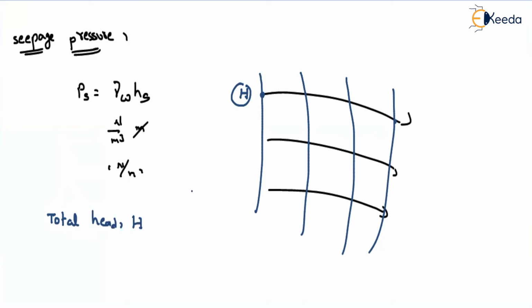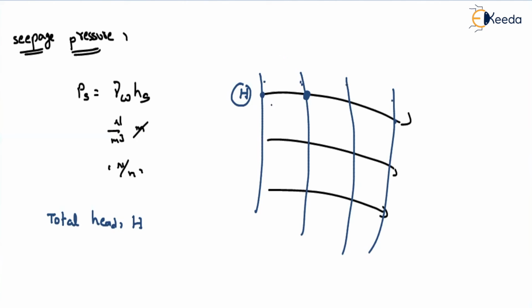So at each point, what is the head available? That is nothing but the seepage head. There will be some loss of head between these two points, there will be some loss of head between these two, and also some loss of head between these. So what is the head available at each and every point?